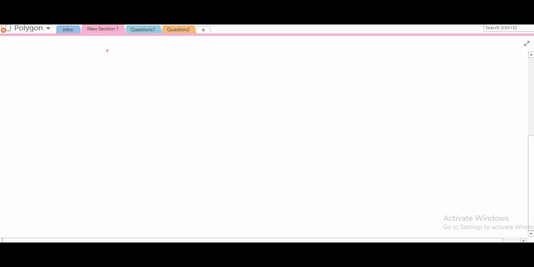So we have convex, and we have non-convex or concave. Everything we are going to do here will be based on convex polygons, because this is the actual polygon. A convex polygon is just a polygon in which all the diagonals are inside the polygon.